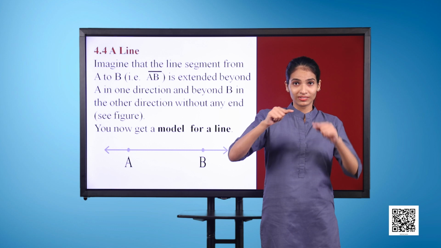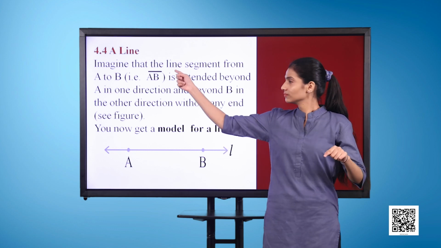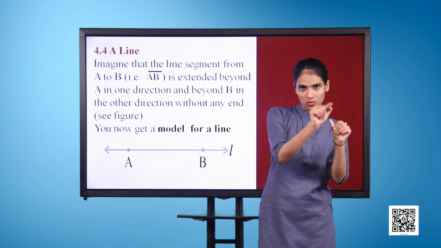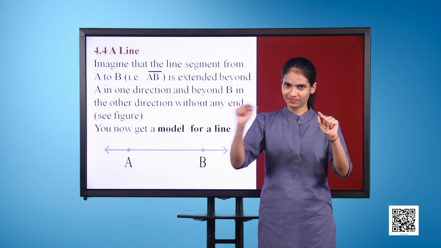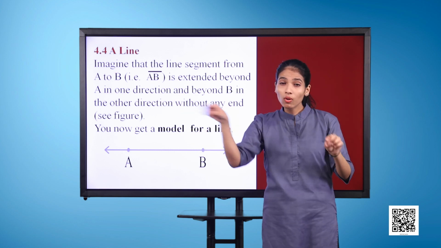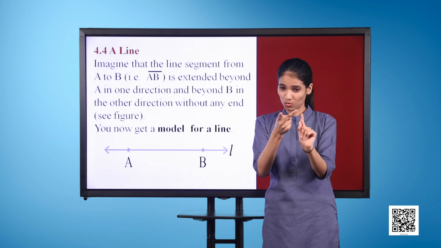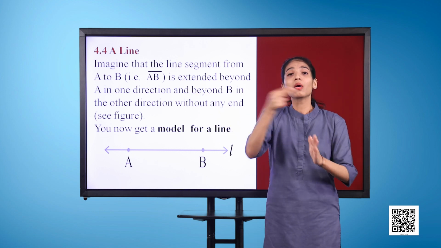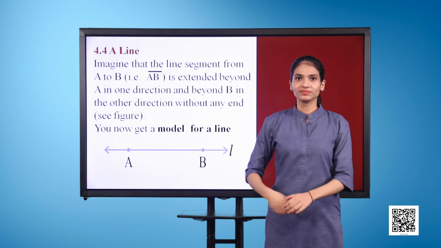4.4 A line. Imagine that the line segment from A to B, that is AB with an overhead dash, is extended beyond A in one direction and beyond B in the other direction without any end. The figure represents the same. You now get a model for a line.